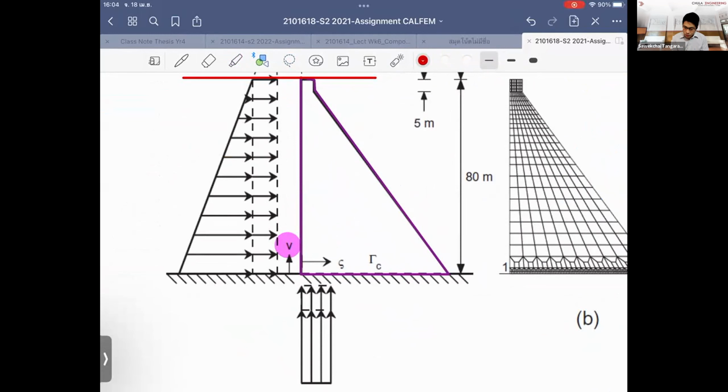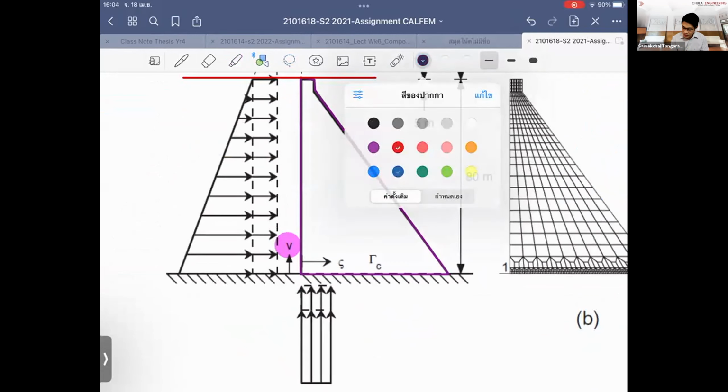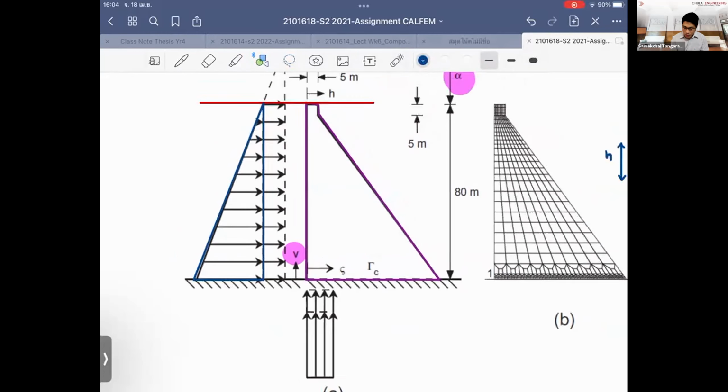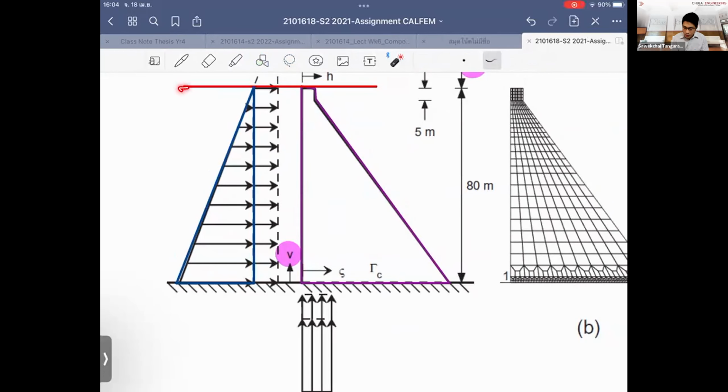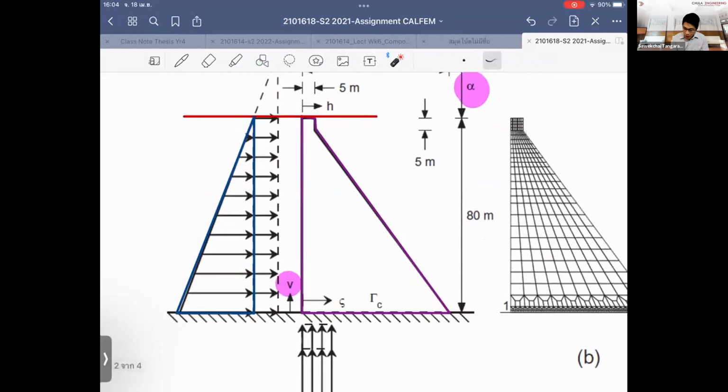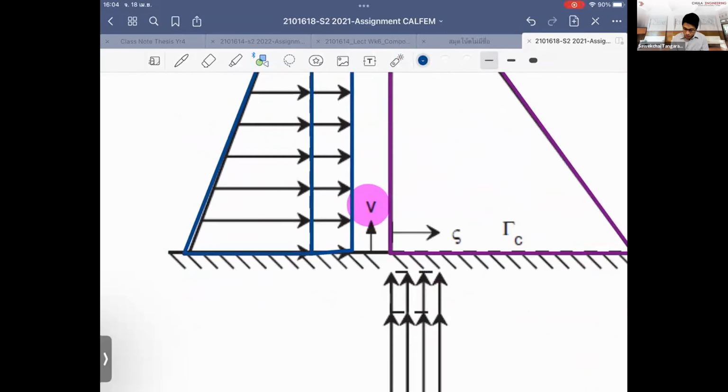You have the hydraulic pressures. This is a triangle where the water level is at this. When the water level starts to overflow, the amount of the overflow is alpha. You have the additional water level. Okay, so this is the hydraulic pressure, which came from water.